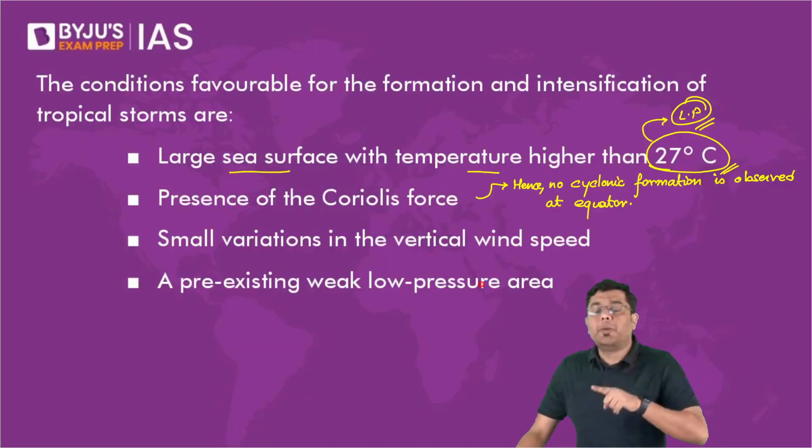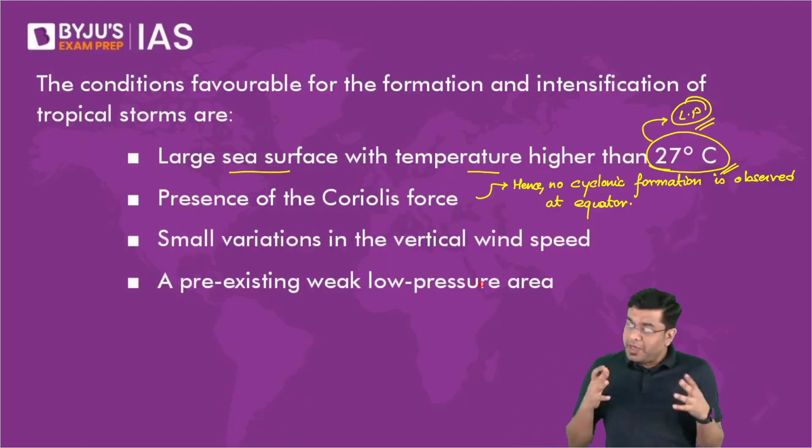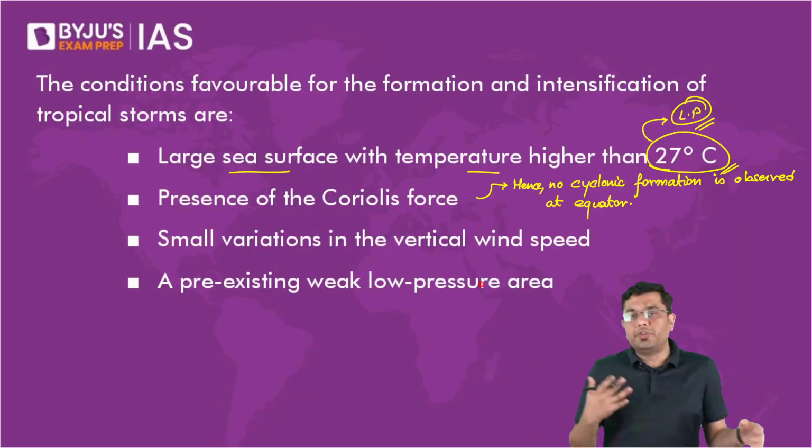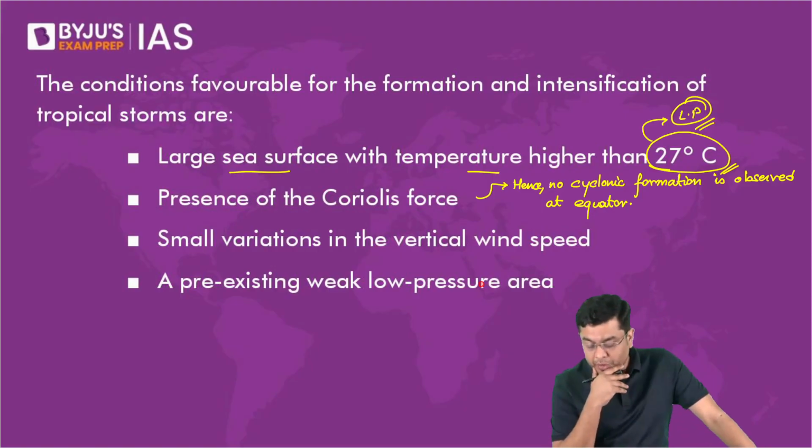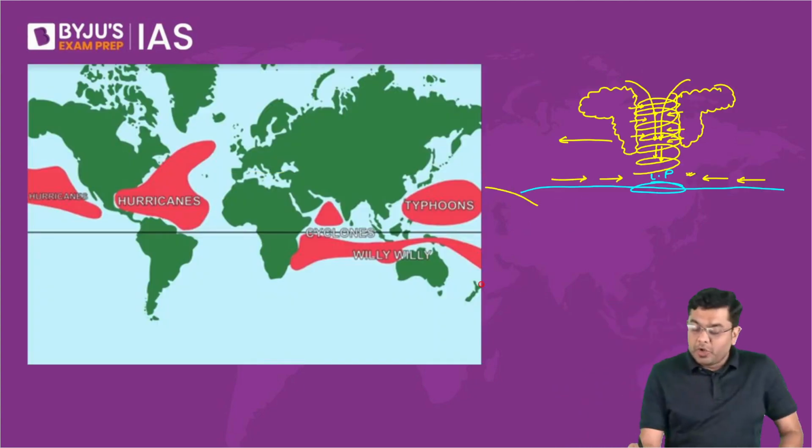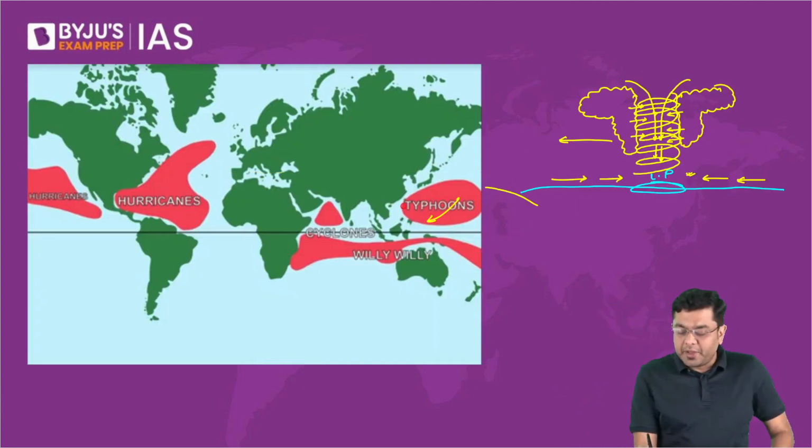Now, what about the tropical cyclones? In which direction will the tropical cyclones end up moving? What do you think? Very good. East to west. That is because the entire circulation will be influenced by the presence of the trade winds. So in the region, you will observe that in both the hemispheres, you have the prevalence of trade winds.